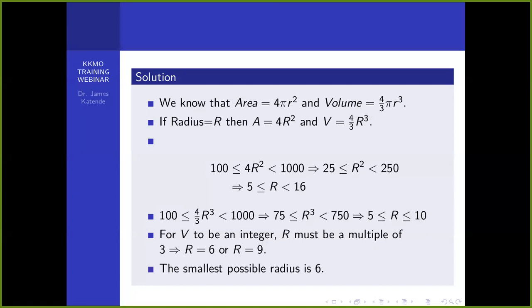You can check that the smallest possible radius is therefore 6. I hope this makes sense.